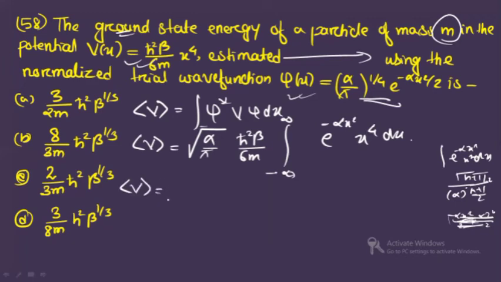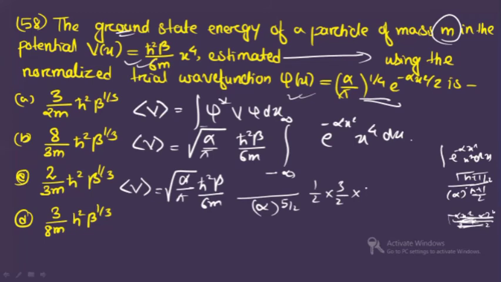So the average value of V equals what? Alpha by pi h cut square beta by 6m. Here you are having alpha as alpha only. This is x to the power 4, so (n plus 1) by 2 is what? 5 by 2. And gamma 5 by 2 is what? 1 by 2 into 3 by 2 into root pi, right?